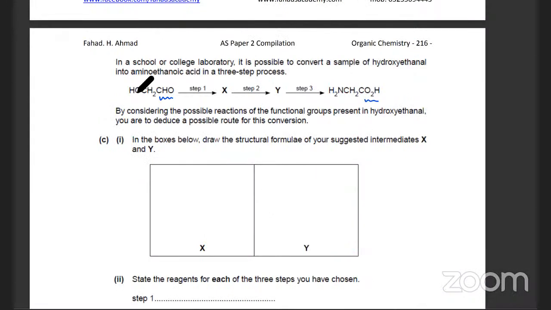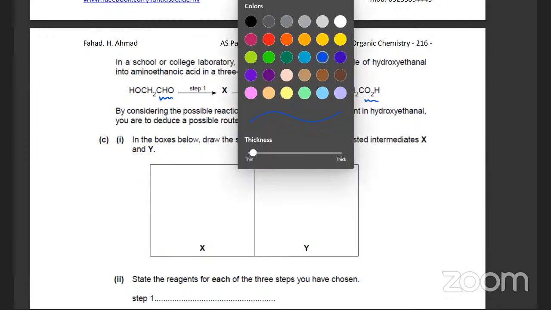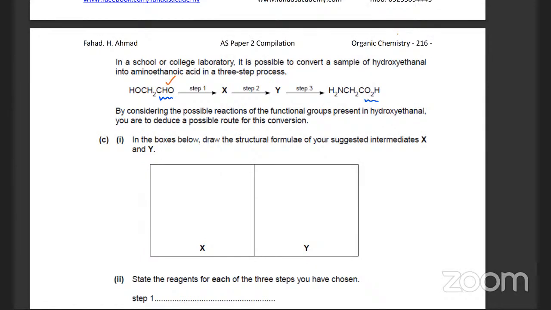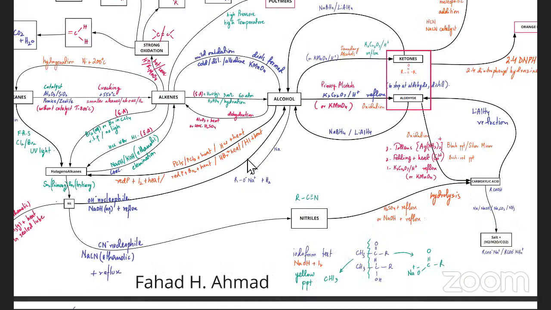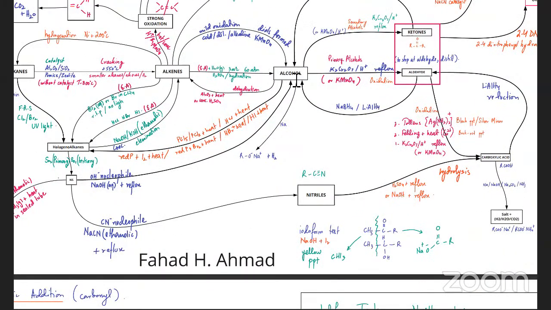How do you turn an OH into an NH2? I mean, the right side, I don't have an issue with that. I can turn the aldehyde into a carboxylic acid at any point. Just oxidize it. But how do I turn an alcohol into an amine? For that, I would have to do a couple of things. I would have to first turn the alcohol into a halogenoalkane.